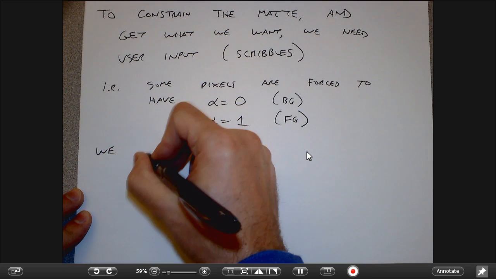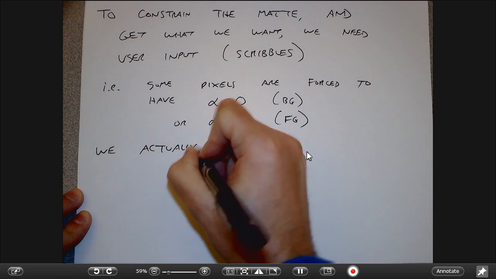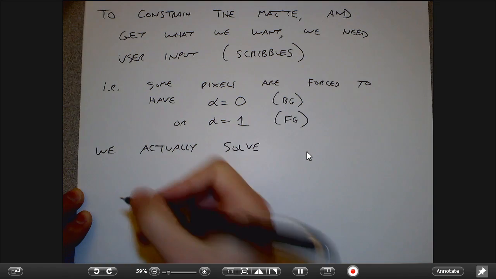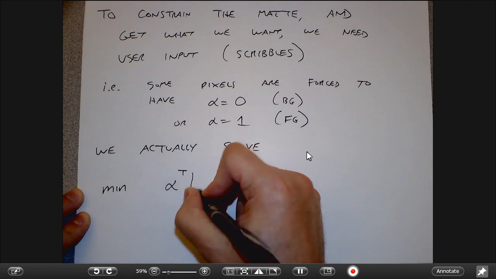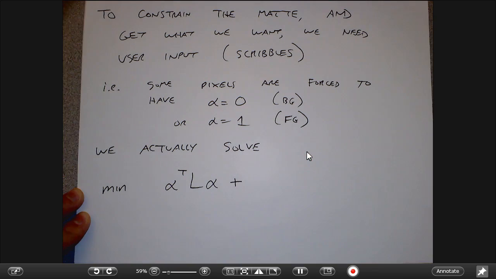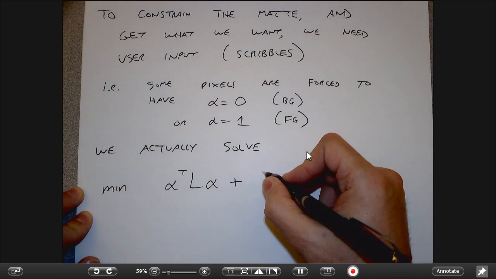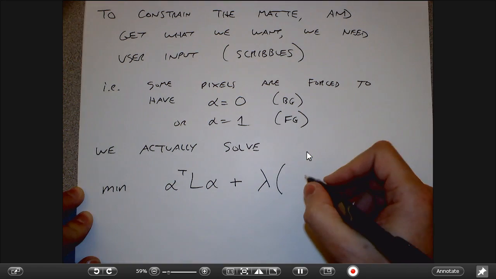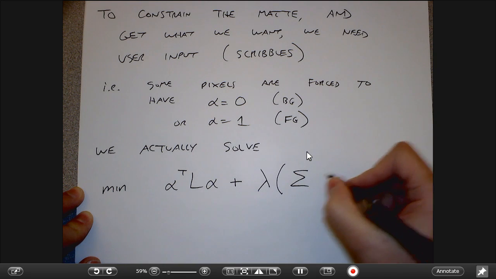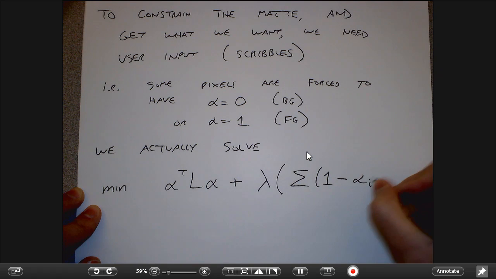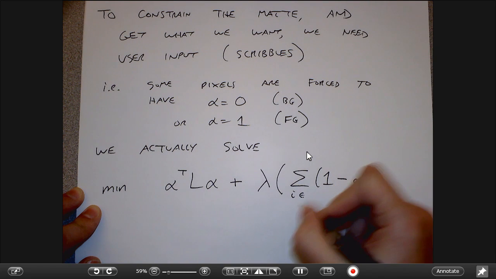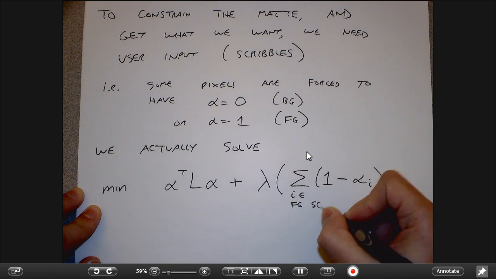So we actually solve something like, I want to minimize this quantity plus something like lambda times the sum of 1 minus alpha i, where i is in foreground scribbles.